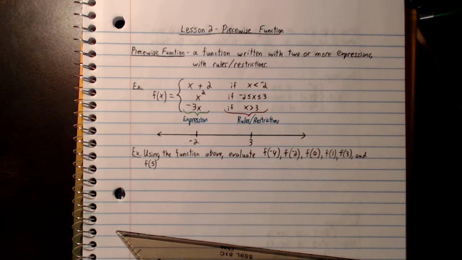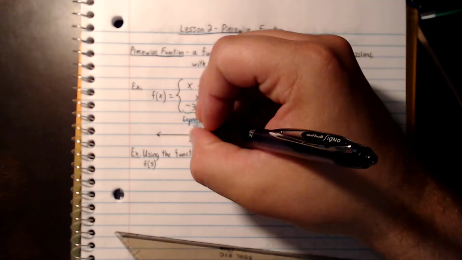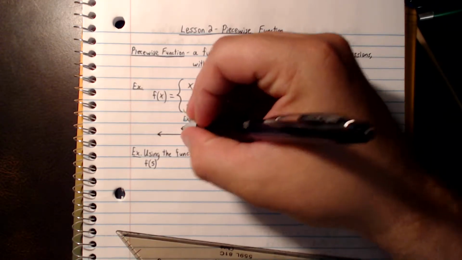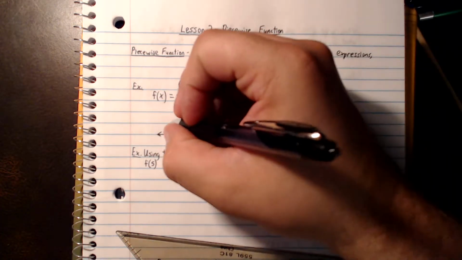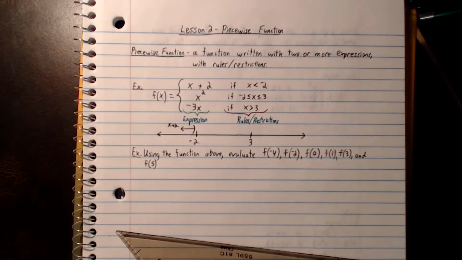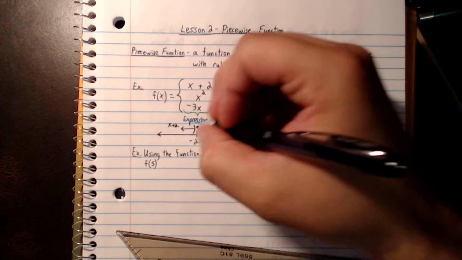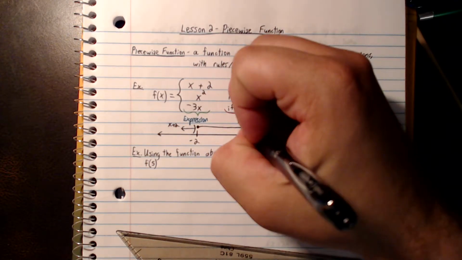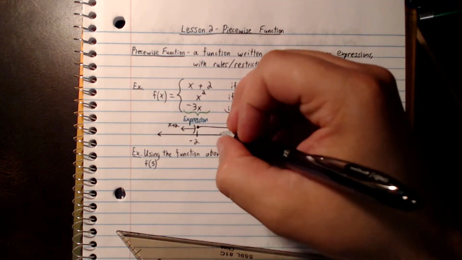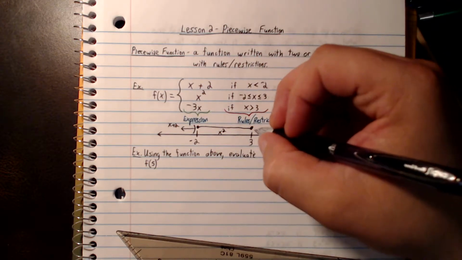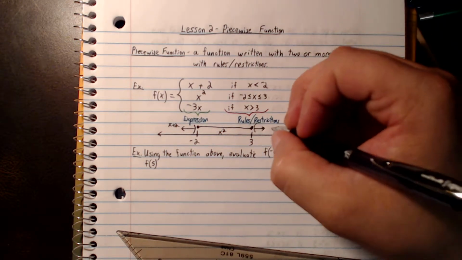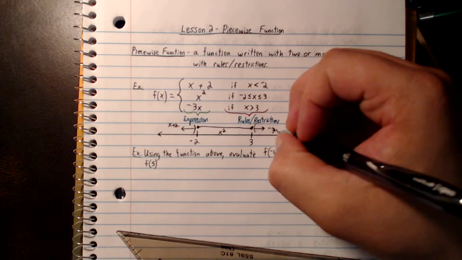Then I'm just going to make some quick little notes. From here that way is x plus 2. From here to here is x squared, and then from here that way is -3x.